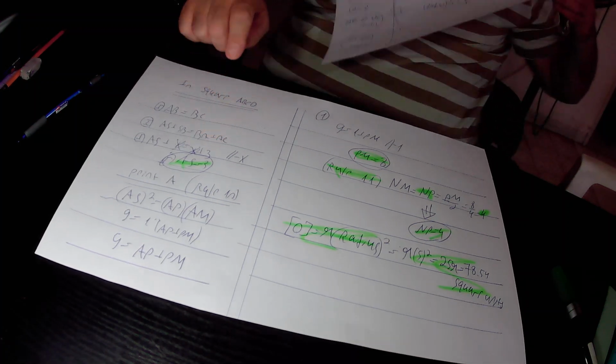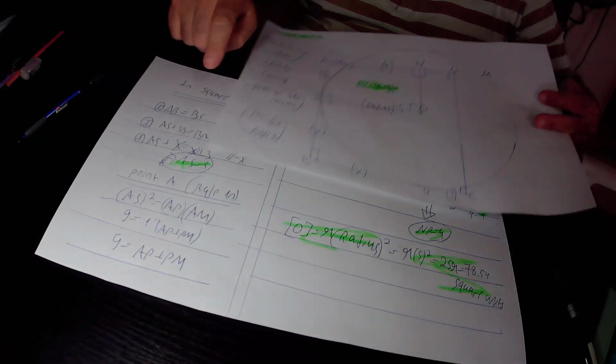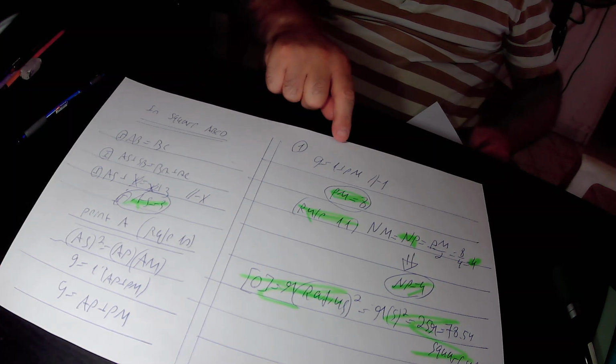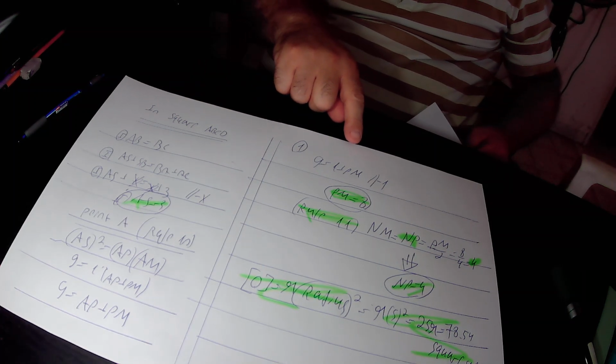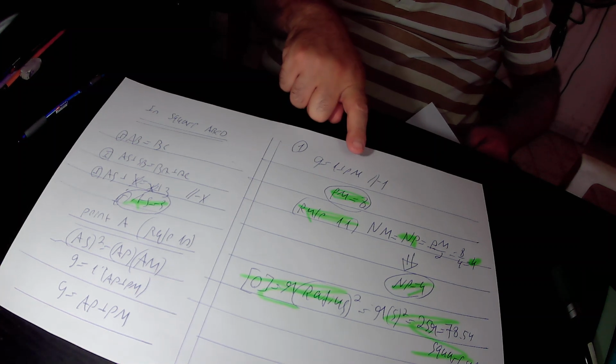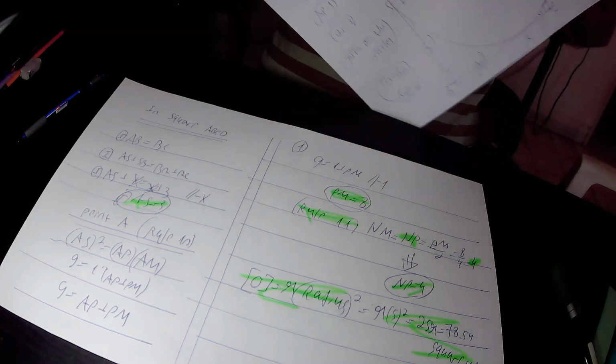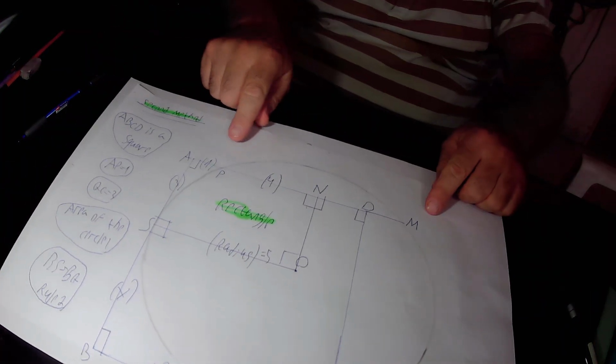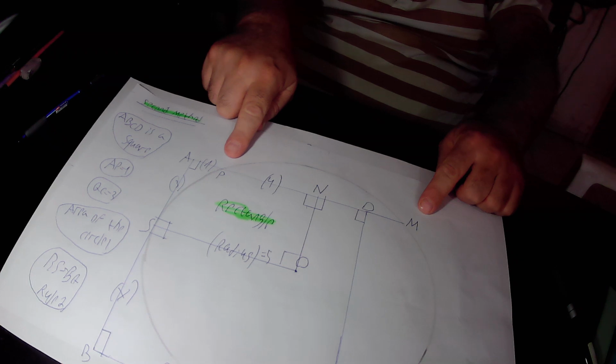AP is 1, so 9 equals 1 plus PM. We subtract 1 from this equation. So PM equals 9 minus 1, that is 8. So we found out that the length of this chord PM is equal to 8 units. In the next step, we did the construction.